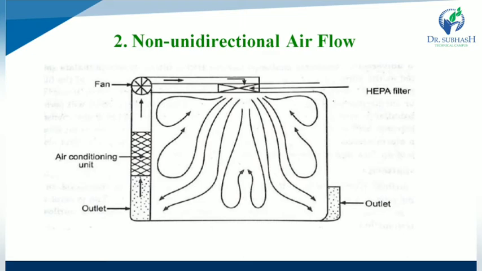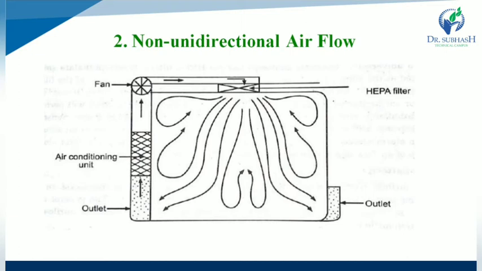So in this figure, non-unidirectional airflow, air enters into the clean room through the filter and exits through the outlet duct. So air enters with the help of the filter and exits from the outlet, and that outlet is positioned low down on the wall.